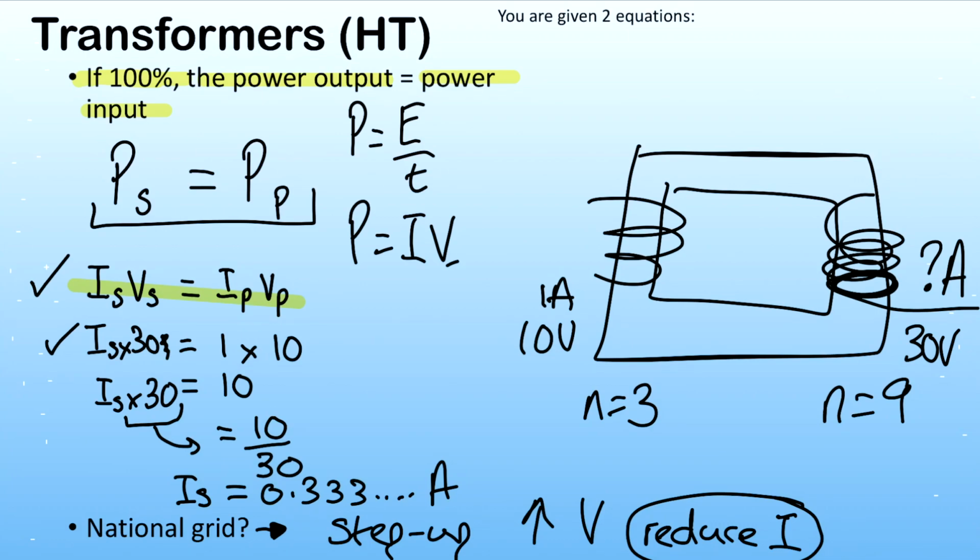There's less collisions of electrons with the metal ions that are left in the wire, and as a result there's less heat being generated, and so less loss of heat. And of course we'll then step it back down to come into houses and workplaces and things like that to make it a lot safer for use.